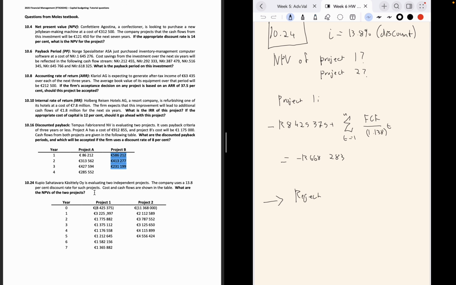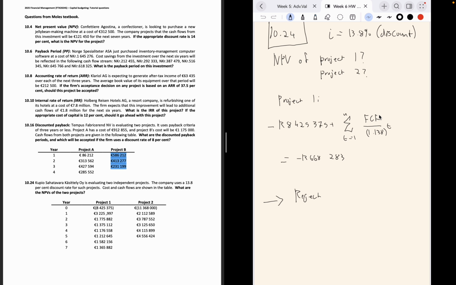So what are you going to do for project 1? You know that project 1 has a big upfront investment cost of 8,425,375. So that's this negative value over here. Then you take the future cash flow in each year, you divide it by 1.138 to the power of that year. So for example, in year 0, we don't have to discount it because 1.138 to the power 0 is just 1.